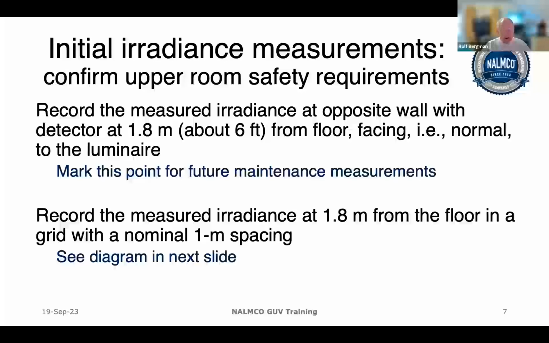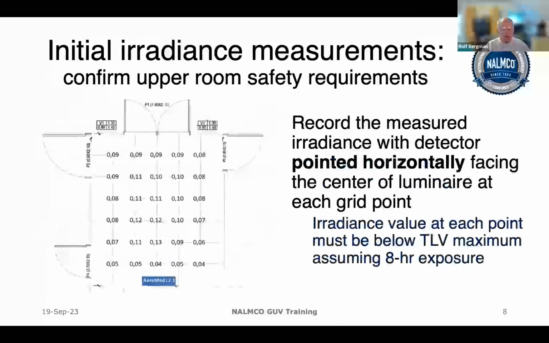And then we want to create a grid of the floor as per the diagram shown here. It's about 1 meter or 2 feet. Lay out the room, or around the room if it's a very large room. You see at the bottom, there's an Aeromed L21 in the diagram.